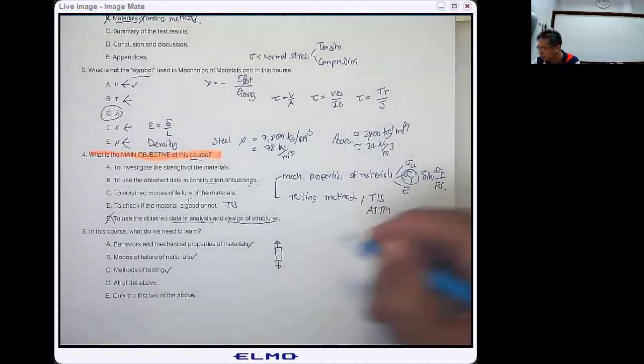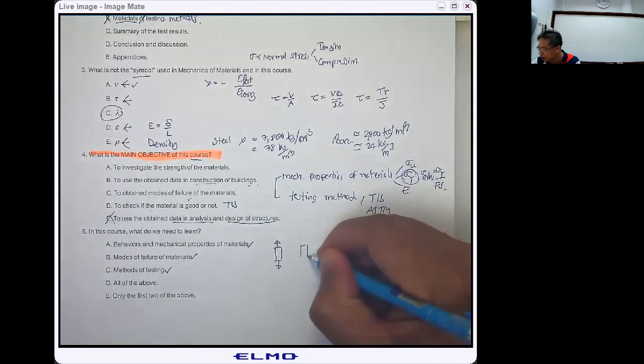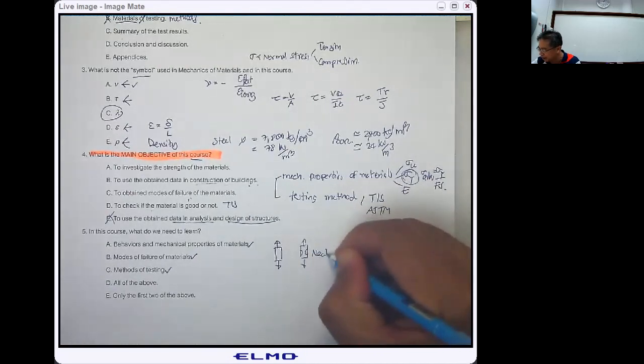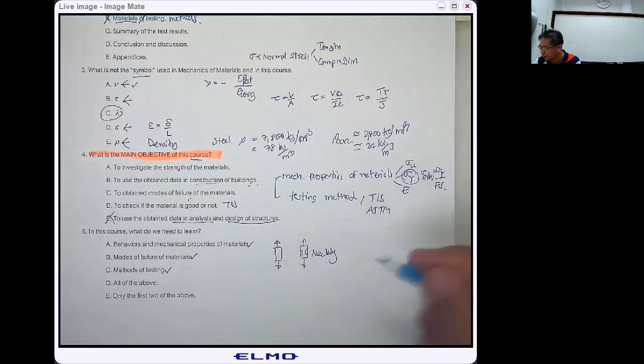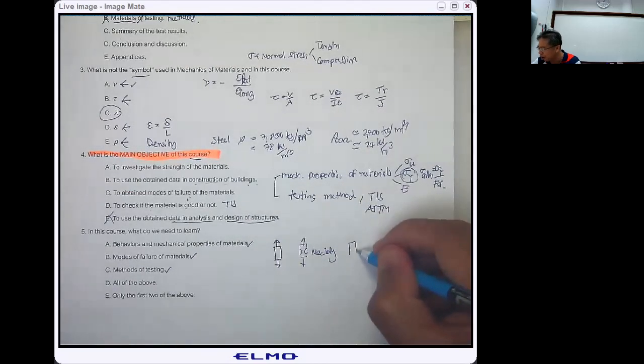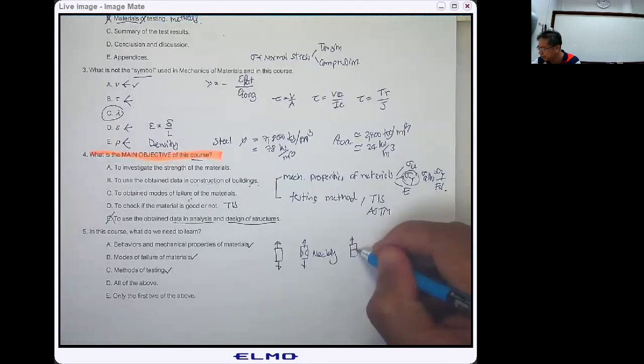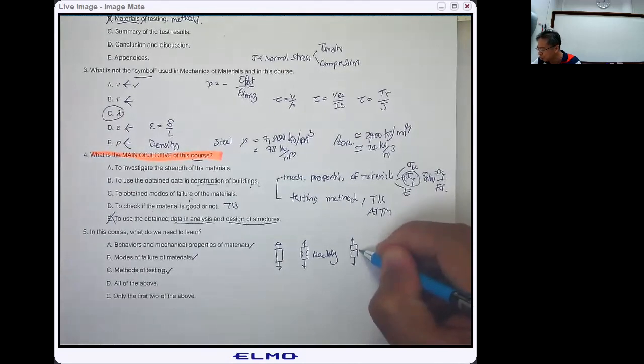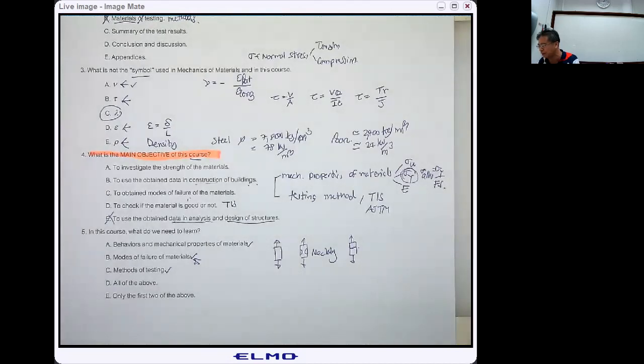Okay, in the tension test, you know the failure of the steel is going to have a kind of necking. Okay, which is different if you test cast iron, which is going to separate into 2 pieces. That is about the mode of failure.